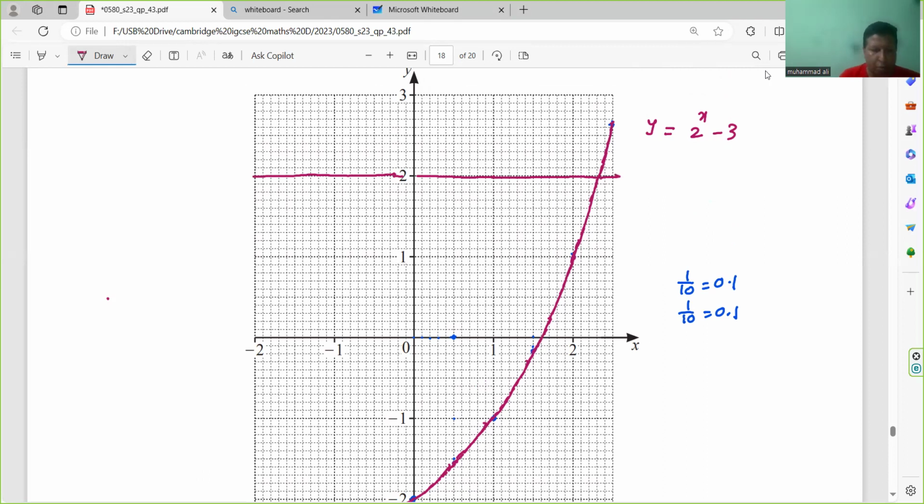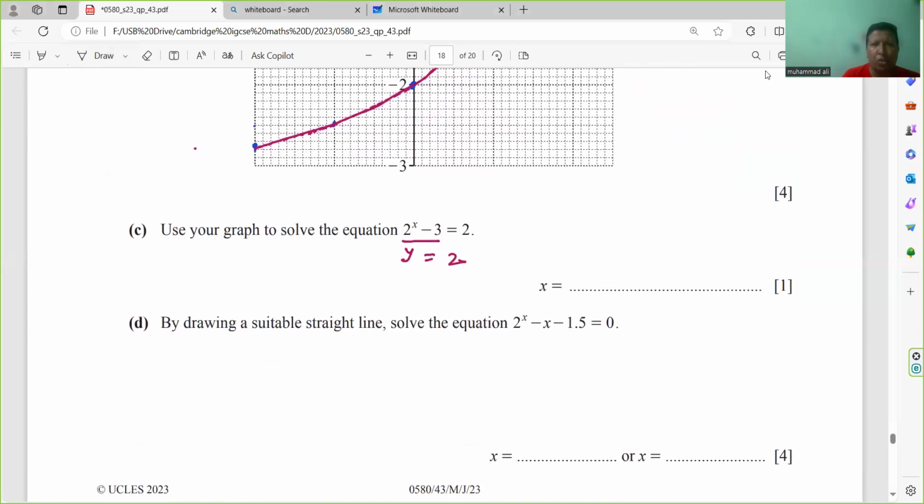If you observe, the line y equals 2 meets the curve at the point between 2.3 and 2.4. So the result will be 2.3 to 2.4.